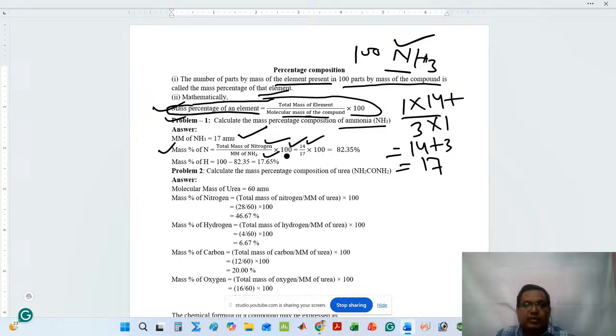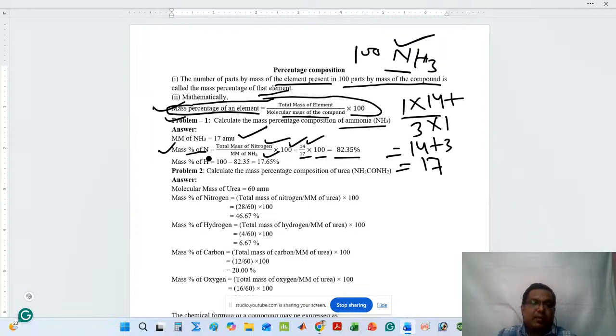Molecular mass of ammonia is 17. So finally, mass percentage of nitrogen equals 14 by 17 into 100. After calculation, you get 82.35 percent. So I can say that the mass percentage of nitrogen is 82.35 percent.